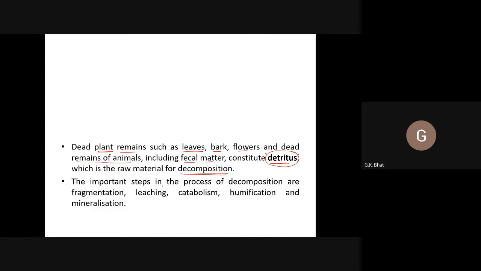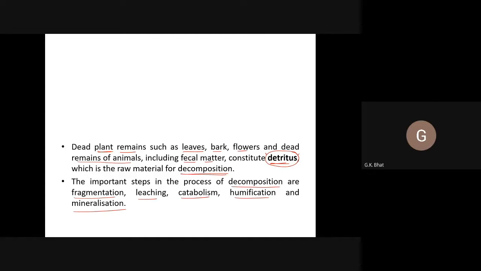The important steps in the process of decomposition, you must know very well, are fragmentation, leaching, catabolism, humidification, and mineralization. What are the steps? The first step is fragmentation. The dead body of the plant and animal should undergo pieces.